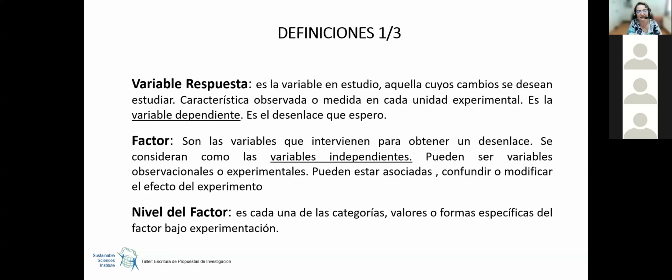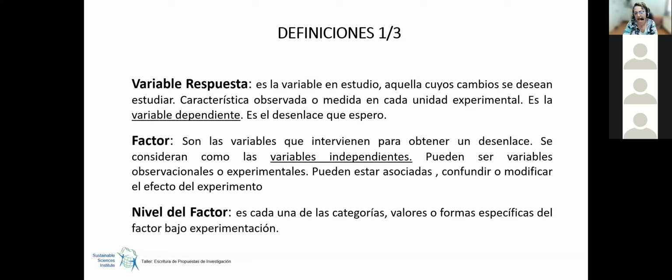It doesn't respond the same as a child that has a healthier alveolar tissue. So these are other factors different from the experimental ones, inhaler A and B or inhaler 1 or 2. We have other variables that are also related to the possible outcome. So we have factors and response variables. In the factors, we have experimental factors, but we also have other factors that can have an influence on the response.